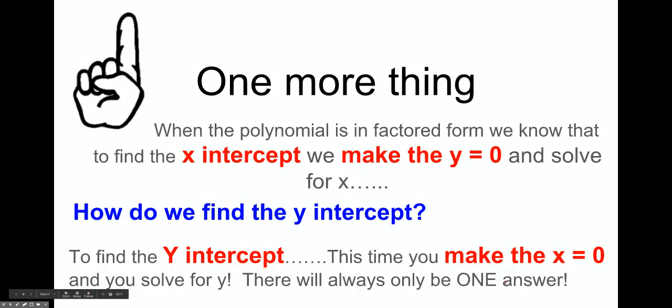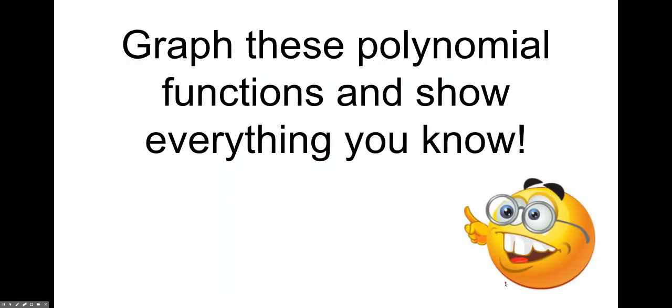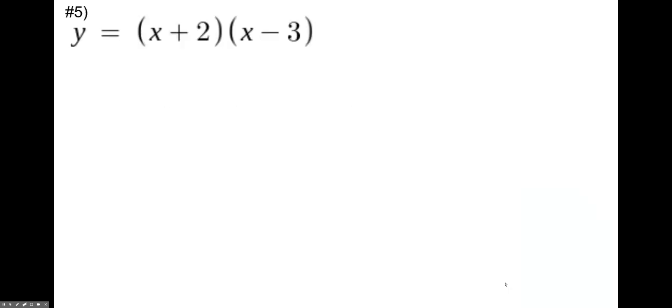So I want to go ahead and practice that with you at least once. You're ready to graph polynomials and show everything you know about them because you know so much. This is problem number 5 on your worksheet. I recommend that you pause the video right here and you try all the practice problems on your own. And then if you're stuck, unpause the video and watch how I do it.